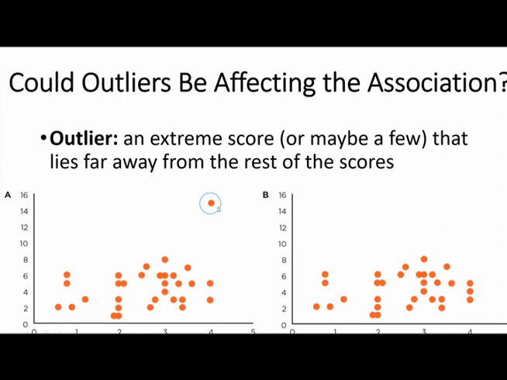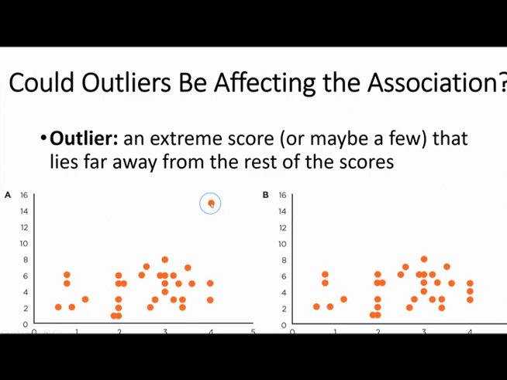So here, our first scatter plot has an extreme score. It has an outlier. This one dot is very, very far away from the rest of our dots here. Graphs A and B are identical except for this one dot.